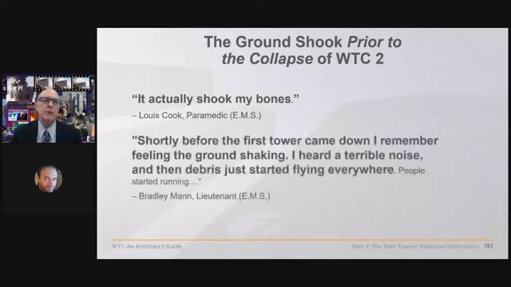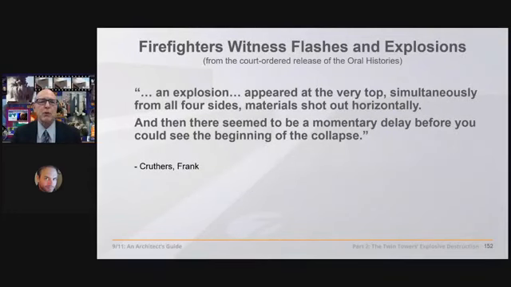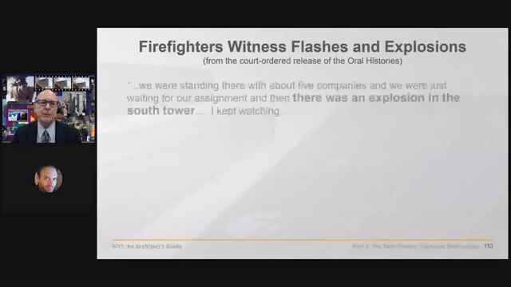It shook my bones. Shortly before the first tower came down, I remember feeling the ground shaking. I heard a terrible noise, and then debris just started flying everywhere. An explosion appeared at the very top simultaneously from all four sides. Materials shot out horizontally, and then there seemed to be a momentary delay before you could see the beginning of the collapse.